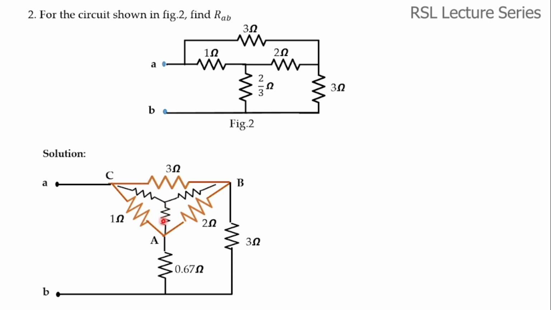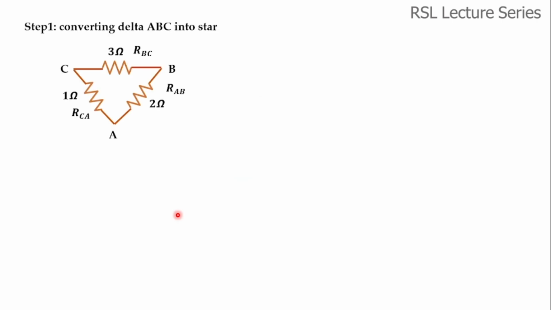This terminal is considered as RA. This is RB and this is RC. If we want to find out RA, then we have to multiply the adjacent resistors, that is 1 into 2 divided by the sum of all the three resistors, 1 plus 3 plus 2. So this is the delta equivalent.